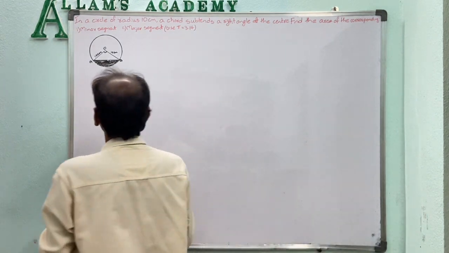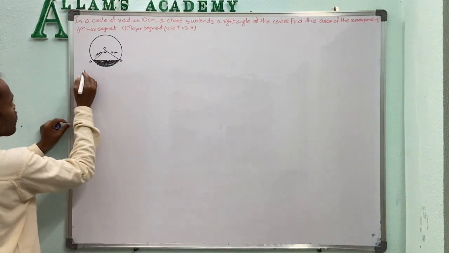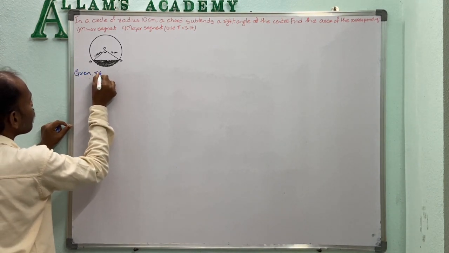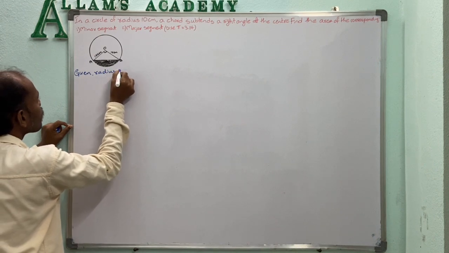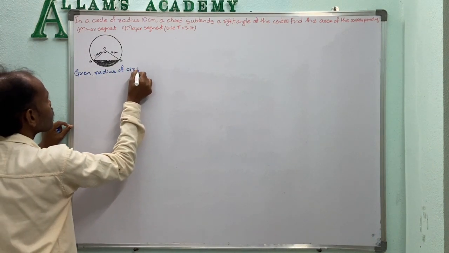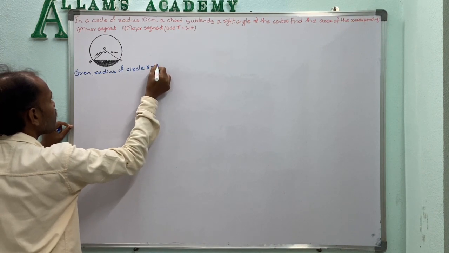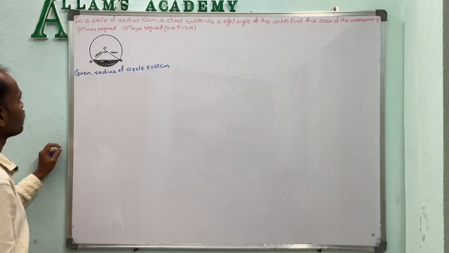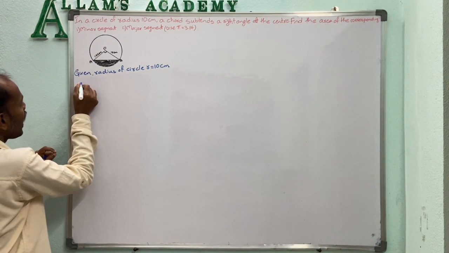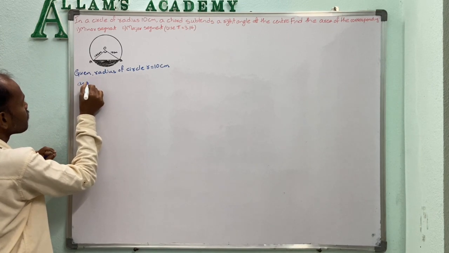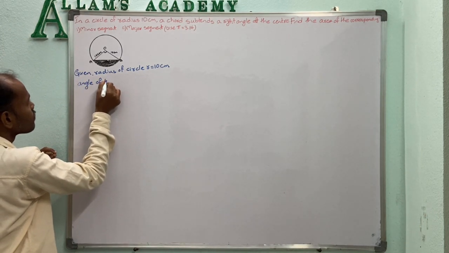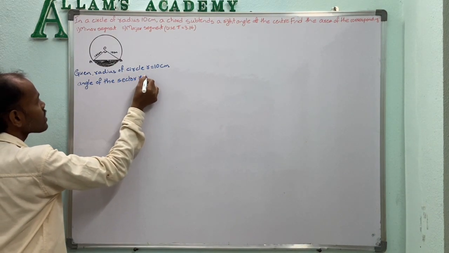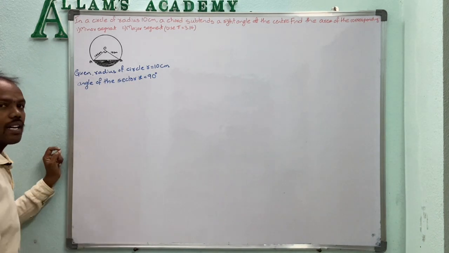Okay, so now we solve it. So radius of circle, r equal to 10 centimeters. Now it is making a right angle. So angle of the sector, x equal to right angle, is nothing but 90 degrees.